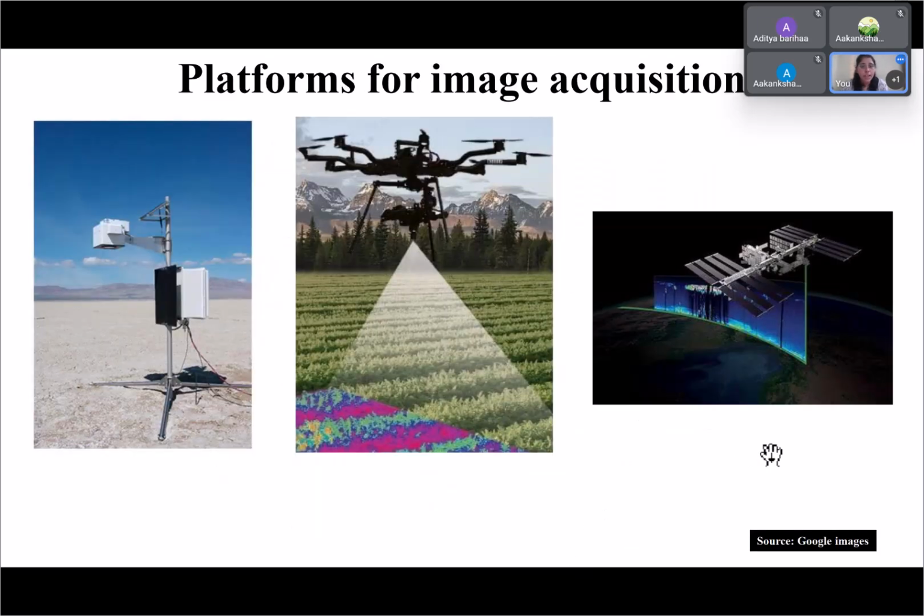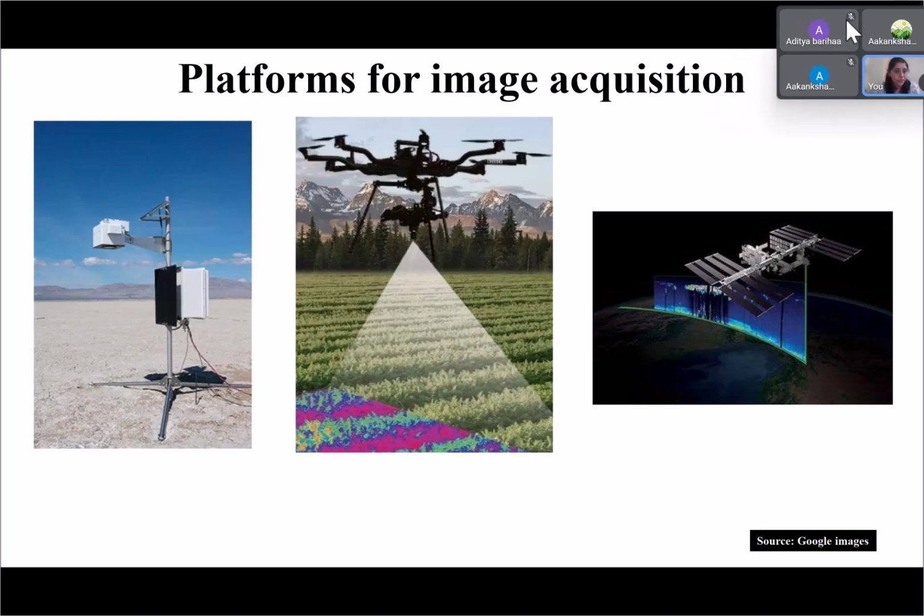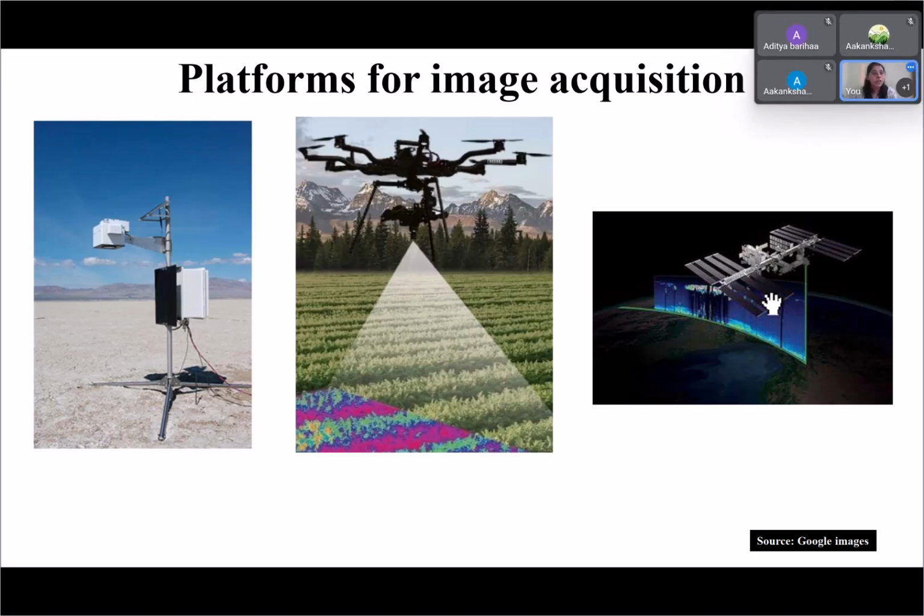Okay, right. And what kind of platforms are used for this image? We are all talking about images here. So what are we using? Of course, a camera. But the camera can be positioned at three different places. It's at ground level, where you literally place the camera on the ground. The problem with this is you need to take this camera wherever you want to capture the image, and that's a lot of manual work and effort.